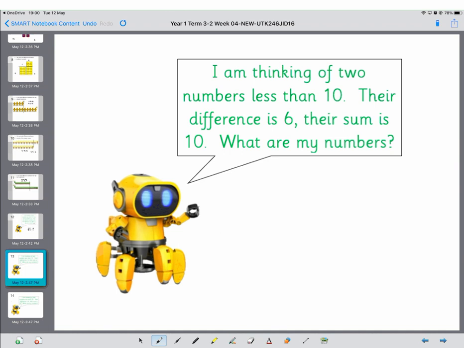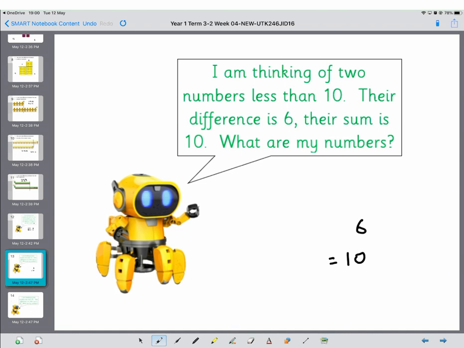Okay, so I'm thinking of two numbers less than 10. Their difference is 6 and their sum is 10. So what I need is probably to use counters or beads. What I'm looking for is something that gives me a difference of 6 and something that gives me a total of 10.